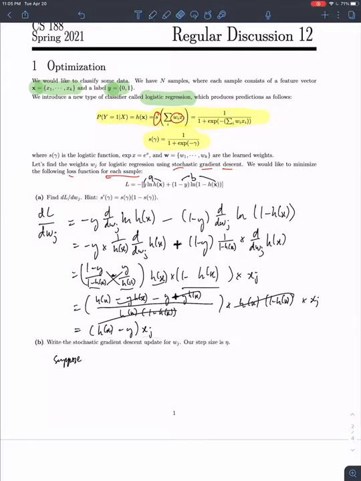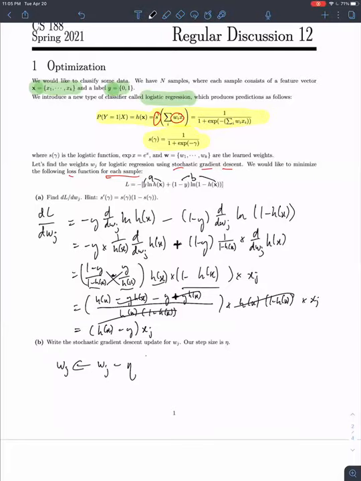So now we're going to write down the stochastic gradient descent update for wj, and our step size is eta. How do we modify wj? We replace it: we start off with the old value of wj, and we subtract off eta times the gradient.